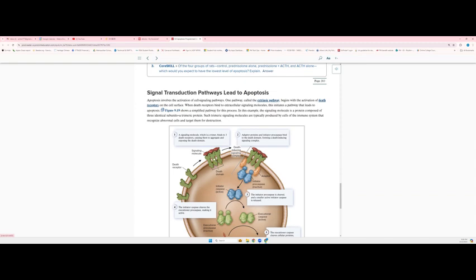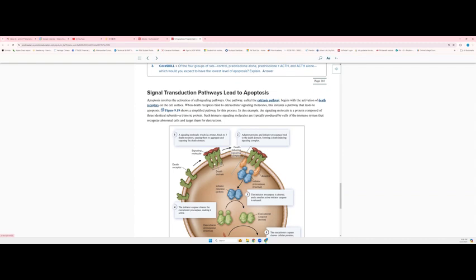The signal molecule is a trimer, three monomers bound together, and this trimer will bind to the death receptor.